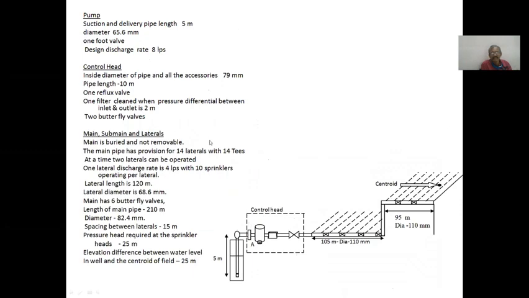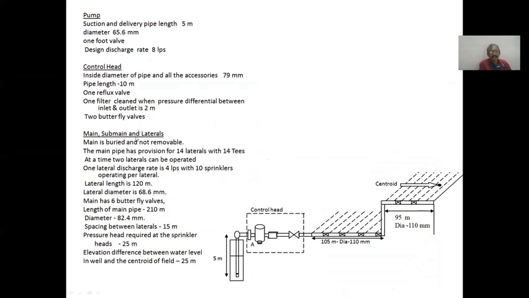In the control head, inside diameter of pipe and all the accessories are 79 mm, pipe length is 10 meters, you have one reflex valve, and you take a decision that the filter will be cleaned when the pressure differential between inlet and outlet is 2 meters, and you also have 2 butterfly valves.